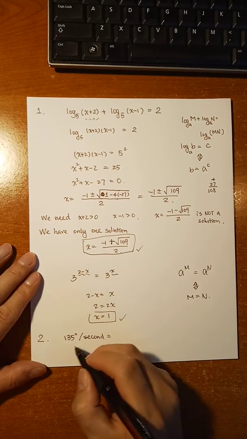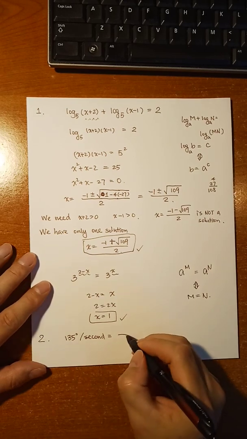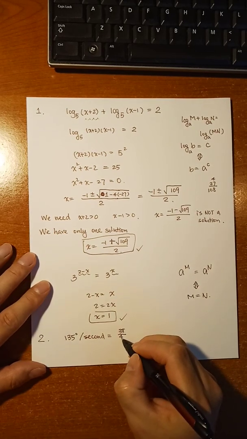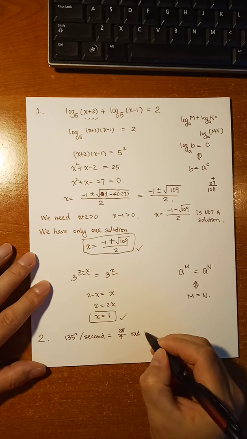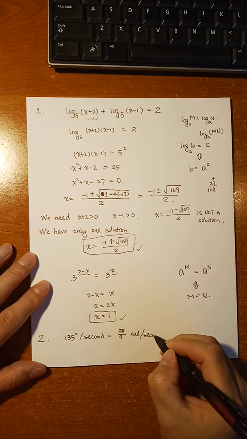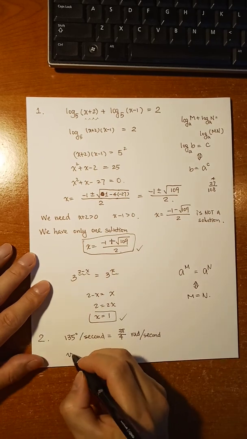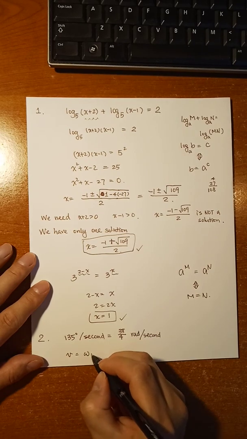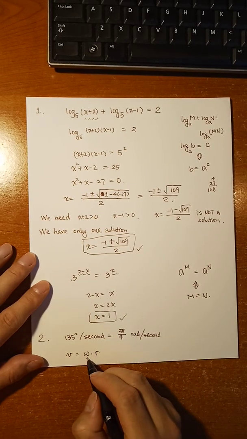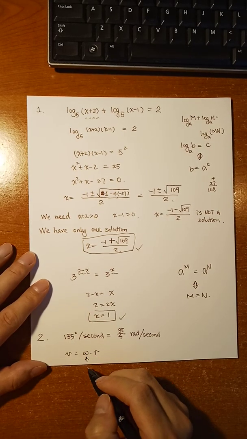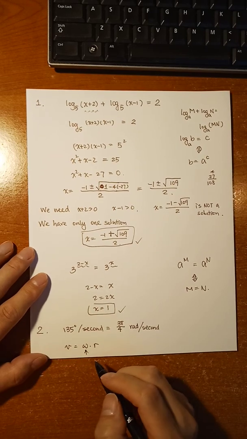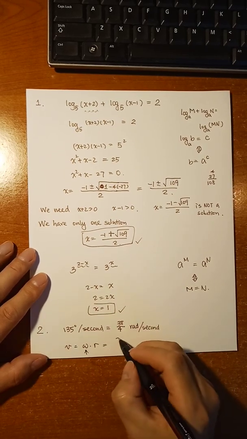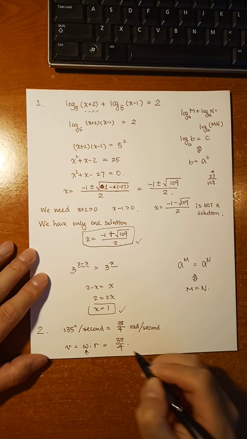You must change this to 3 pi over 4 radians per second. When you get the linear speed equal to angular speed times the radius, this must be in radians. You see here, you use radius, then you need radians. So it's 3 pi over 4 times the radius.